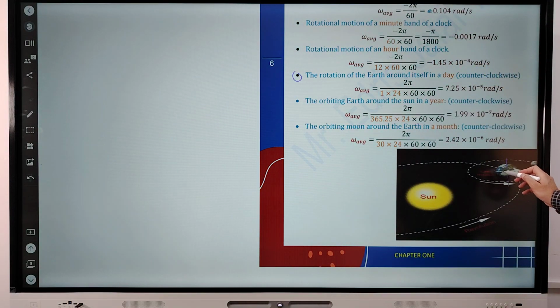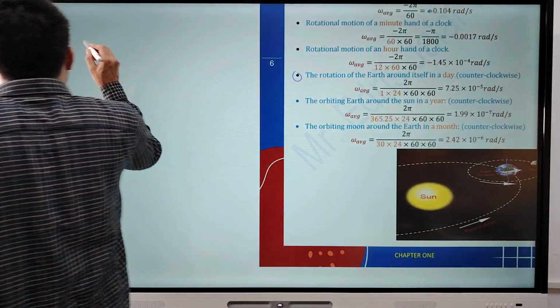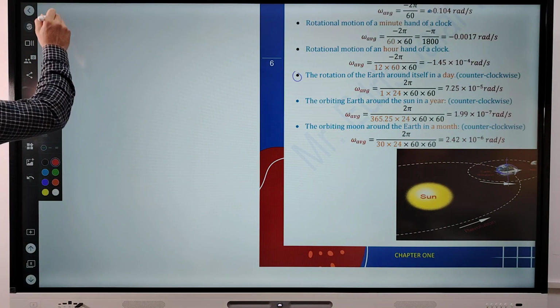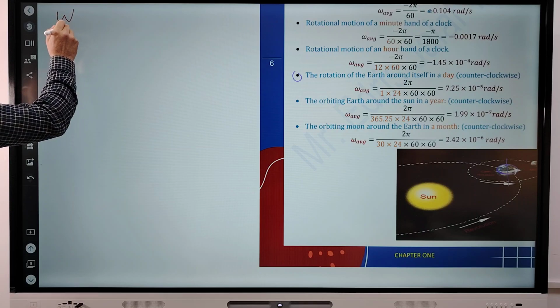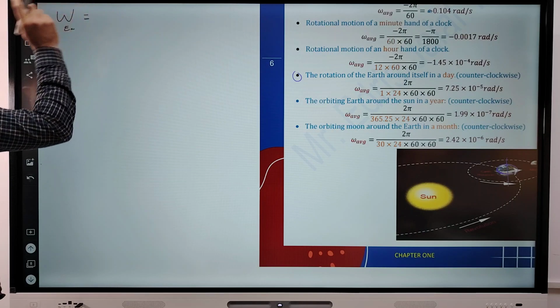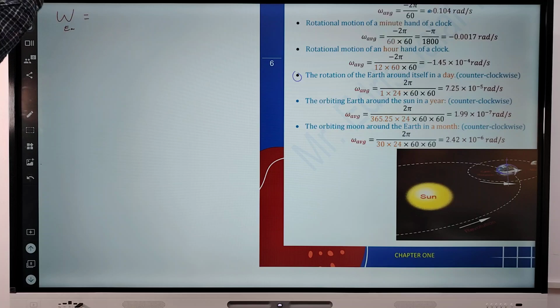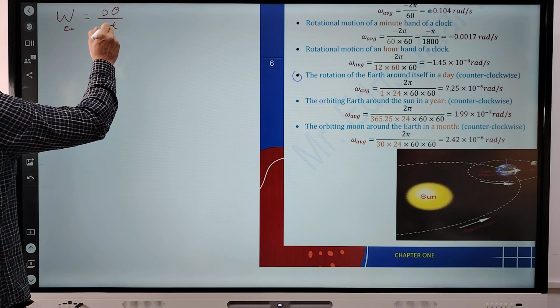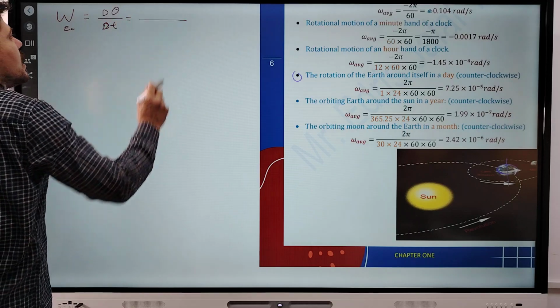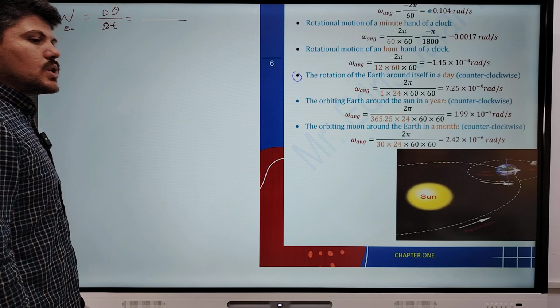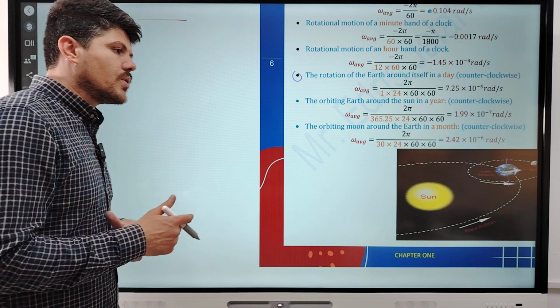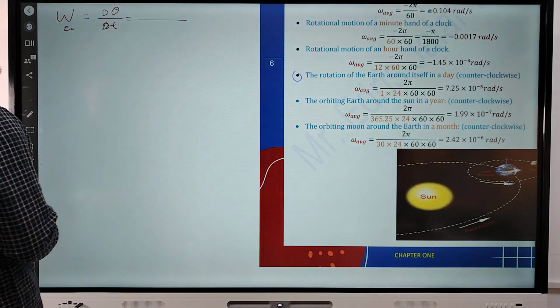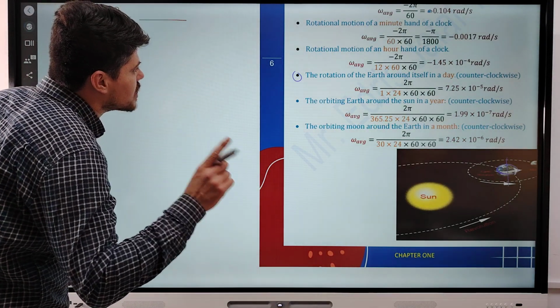At first, you have to write down the equation for Earth around itself, not orbiting around the Sun: theta divided by time. How long does it take? As I told you, 1 day, 24 hours, for one complete revolution of Earth around itself.